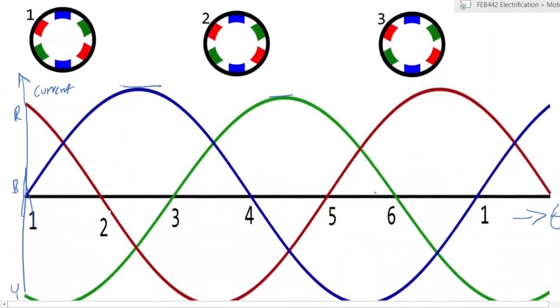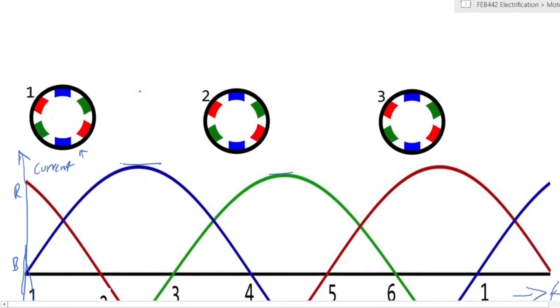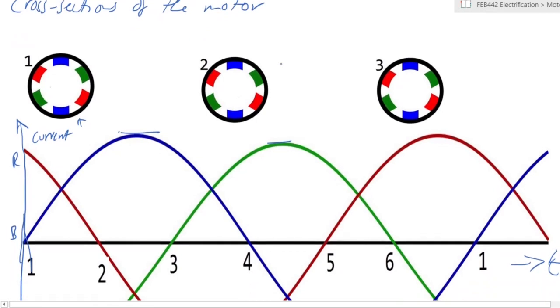So here we are talking about red, blue, and yellow being applied to the induction motor. So now these circles that we are seeing here, let these represent cross sections of the motor at different points in time.